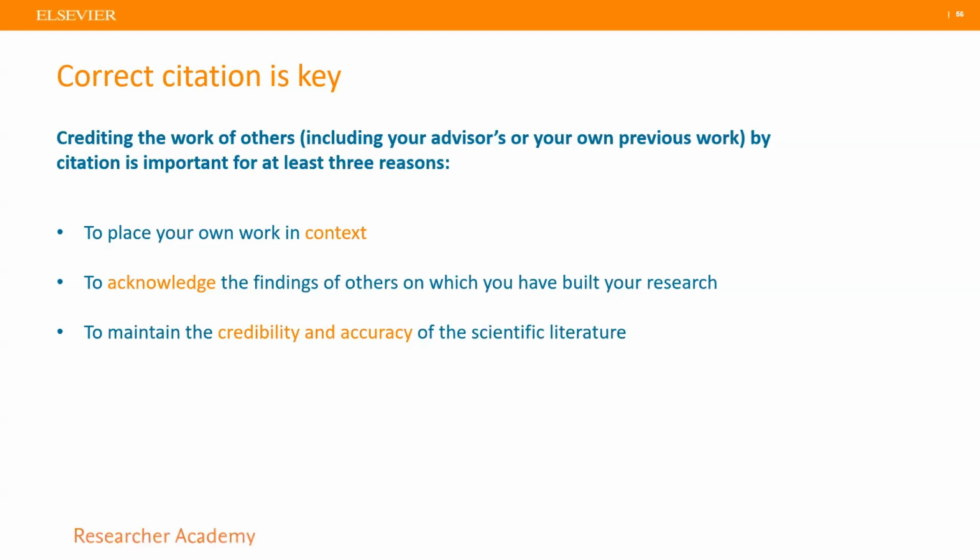It really adds to the field and makes sure that you fit with these people that are your peers and maybe your superiors. It does acknowledge the findings of others and really makes you part of that group. And it is a wonderful way to maintain the credibility and accuracy of scientific literature, right?